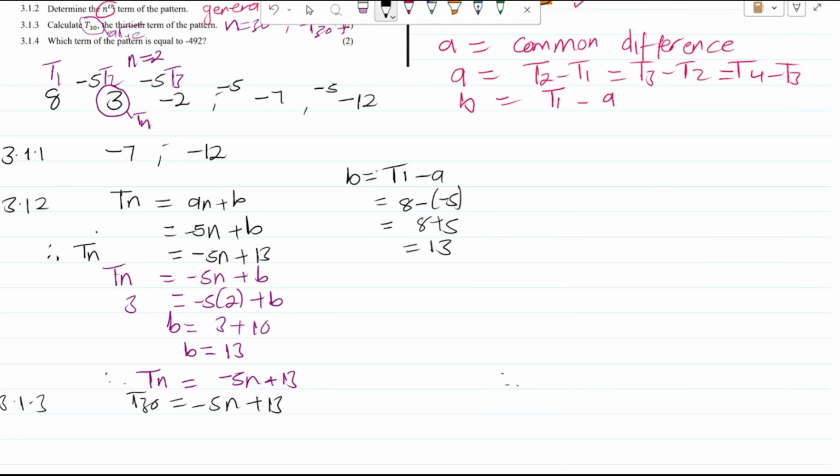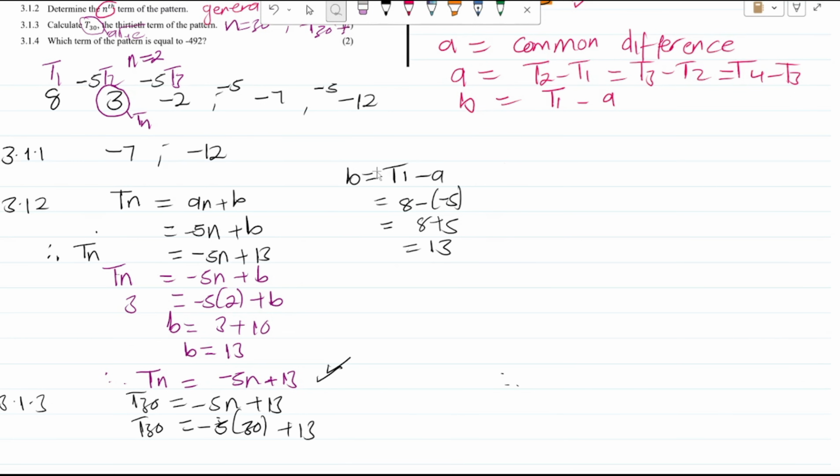Okay, guys, know that when you're not sure, you can just start by writing the general term here to give you a guide. And we're looking for T30, so we'll say T30 is equal to negative 5, and we know that where there is n, we substitute 30, plus 13, okay?